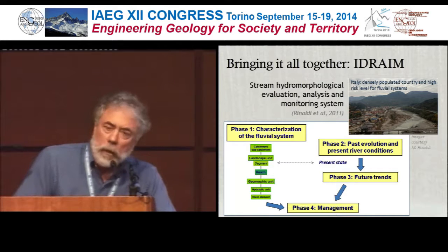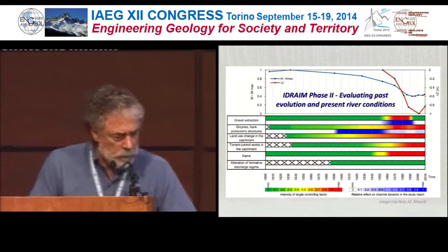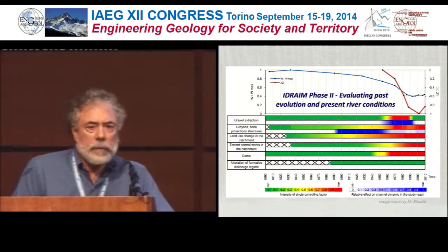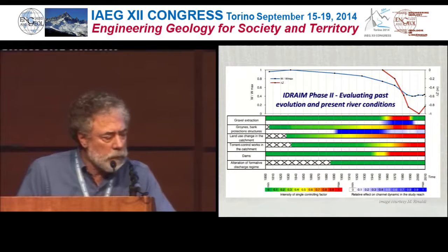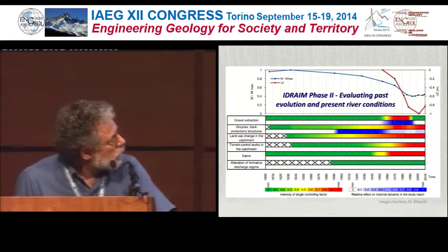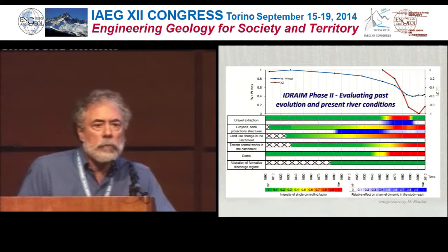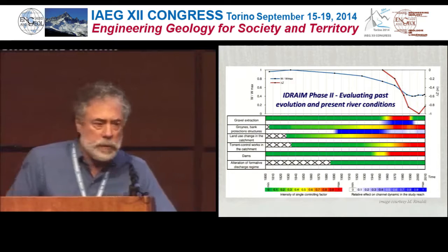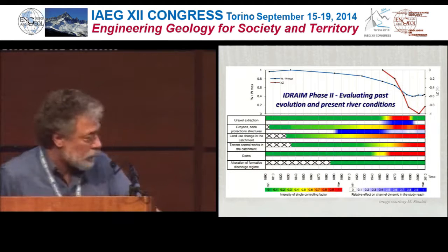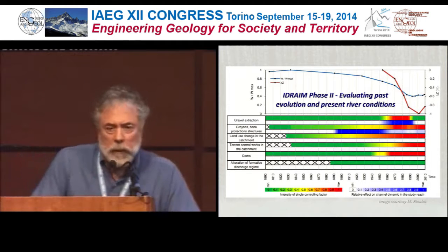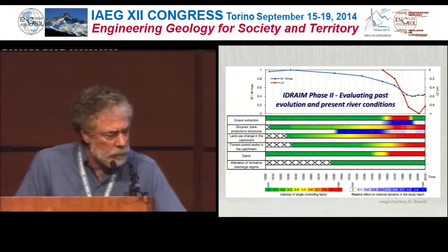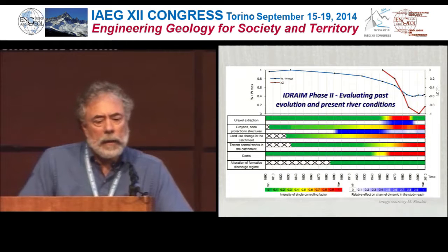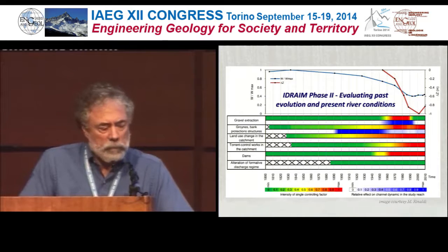Here's an example of this sort of guidance and interpretation from the Magra River system. What is shown in the colored bands at the bottom are degrees of change expressed by various processes, including the construction of dams, the afforestation of the uplands, gravel extraction from the river system, and direct river modification.